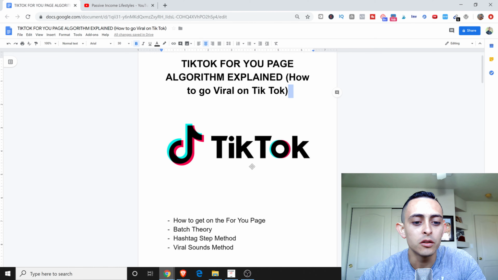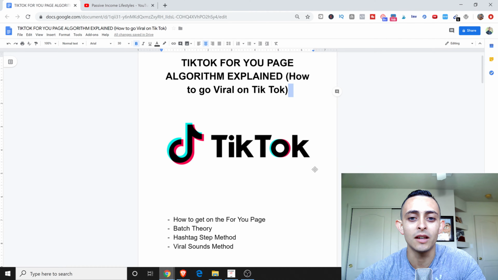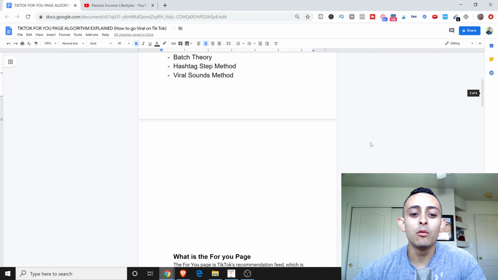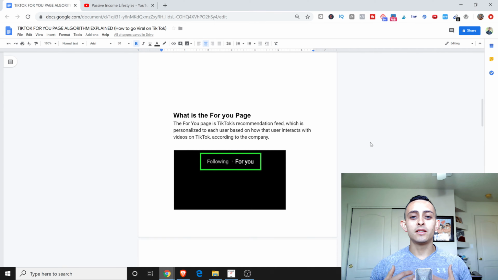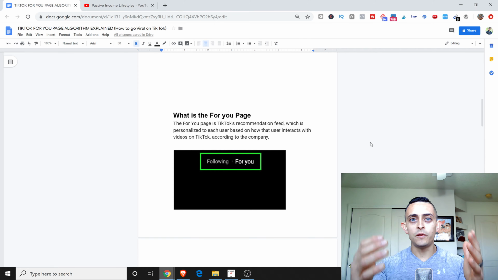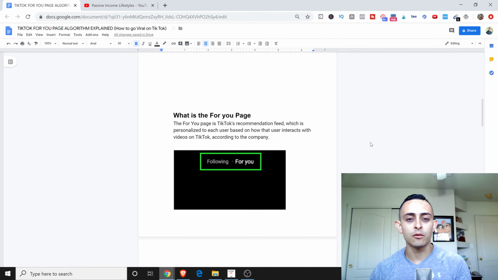Okay, so first of all, what is the For You page? The For You page is probably one of the most important things on TikTok. Basically it's the TikTok recommendation feed. It personalizes your feed based on what you like, what you interact with, stuff like that. So if you're going through the For You page and you're into how to make money online, you're going to see a bunch of TikToks based on how to make money online.